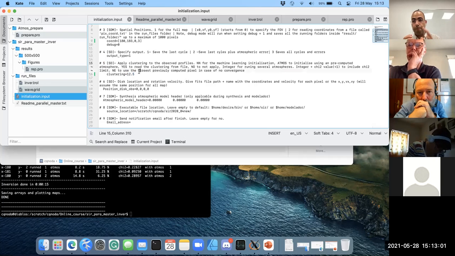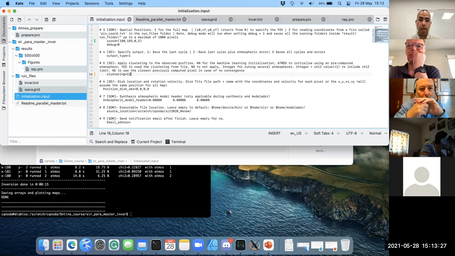That is the chi-square value that you want to set as a threshold. If you don't put anything here, the code will run the inversion 12 times with 12 different atmospheres and will pick the best value. So this means that your inversion will be 12 times slower than if you put 1 here.